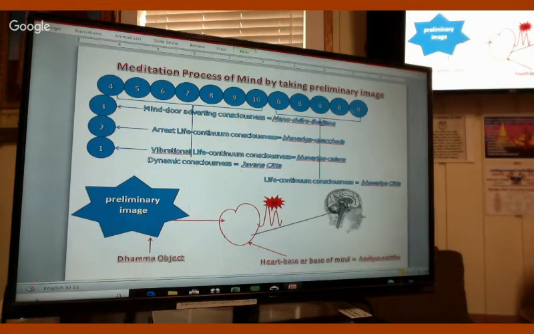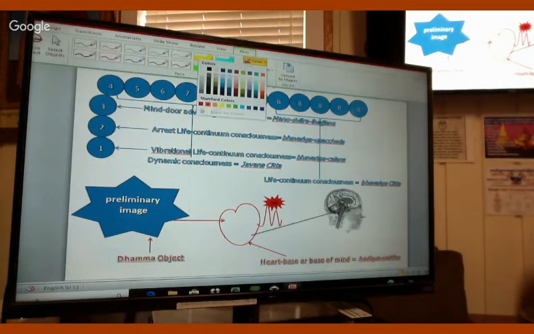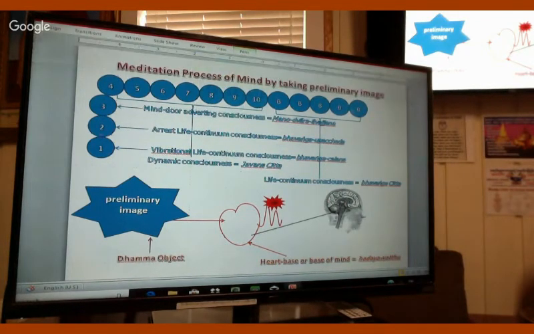Bhavanga is number one, number two. Bhavanga is a fundamental kind of consciousness. So the preliminary image appears very strongly in your mind and replaces the object of the bhavanga consciousness.